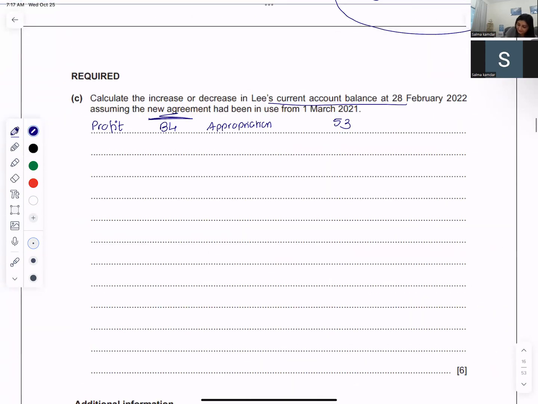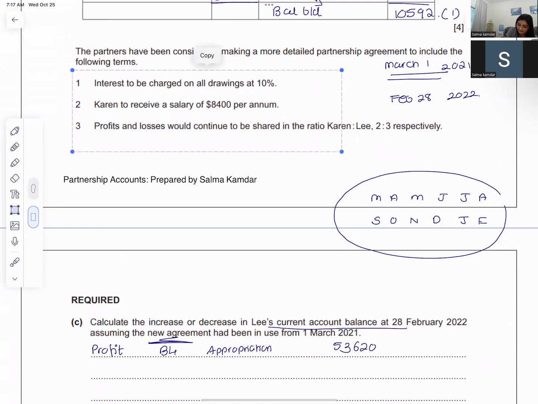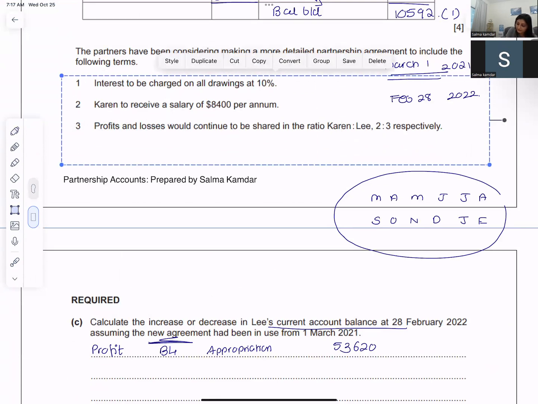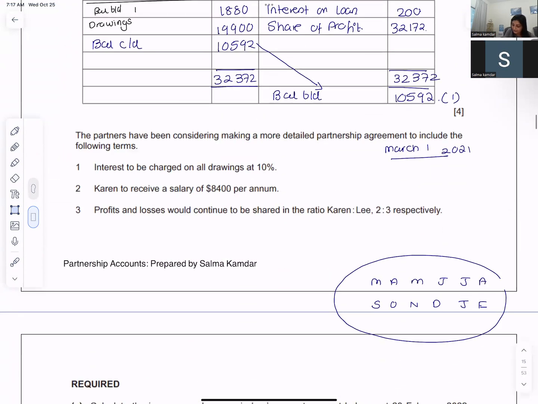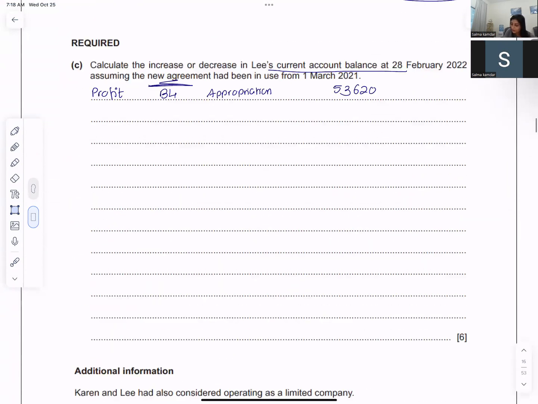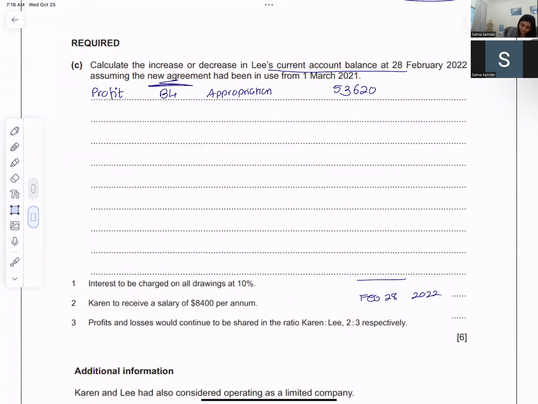And now they want to do certain appropriations. So they have certain arrangement of appropriations and they want us to calculate the new balance of Lee, the increase or decrease, which would take effect after doing these considerations.